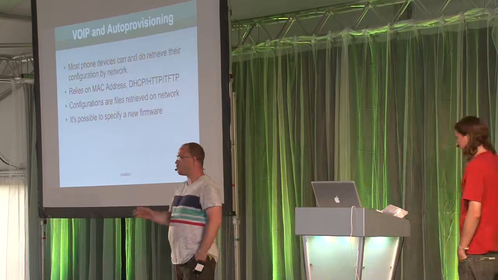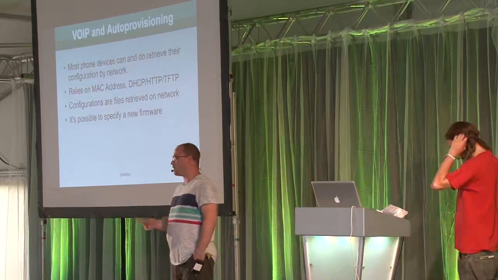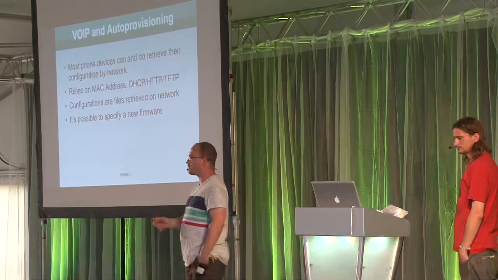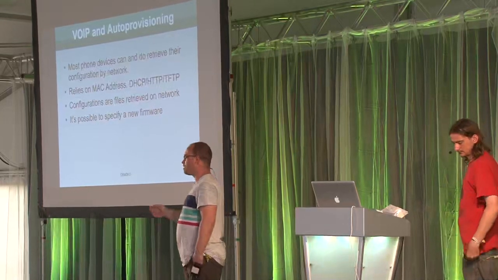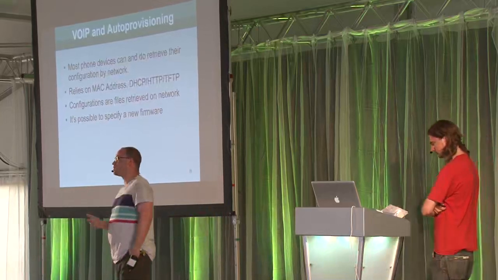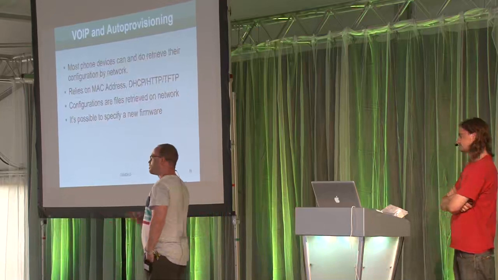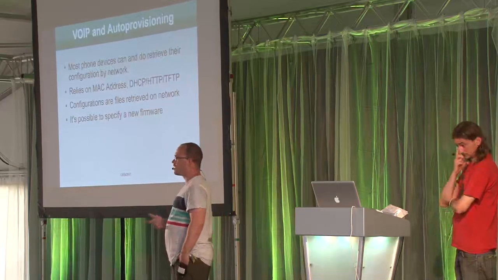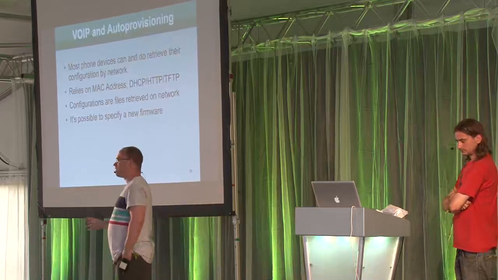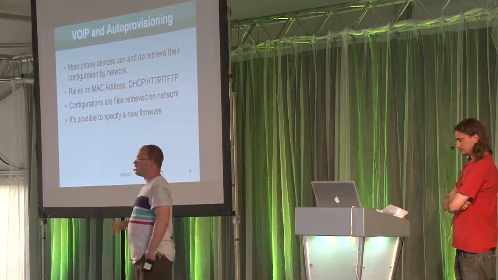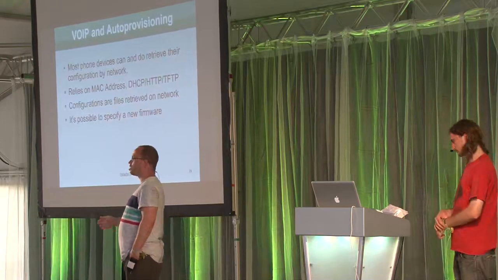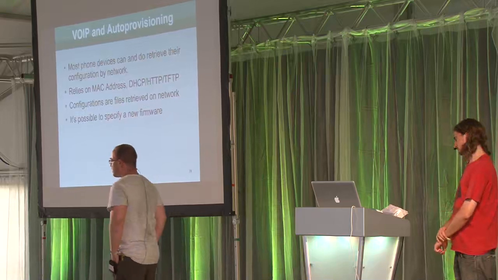And the VoIP provider on the other side will tell, okay, I have a new customer, I give him this phone with such a MAC address, and it will have such parameters. So parameters such as SIP account, password, registrar server. Eventually, you can also push a few contacts that you want everybody in the company to have. And if they don't have to put the phone out of the box, you just take the phone to your client, you put it on the network, and it will fetch the configuration by network.